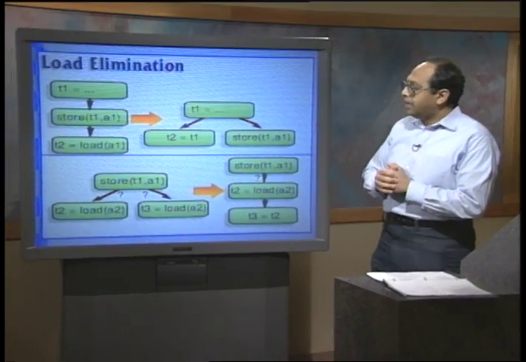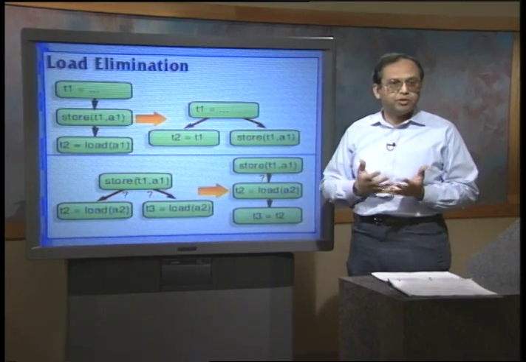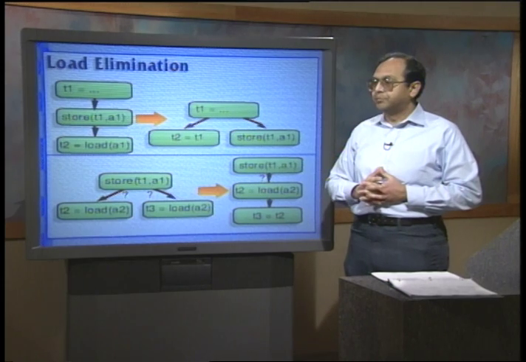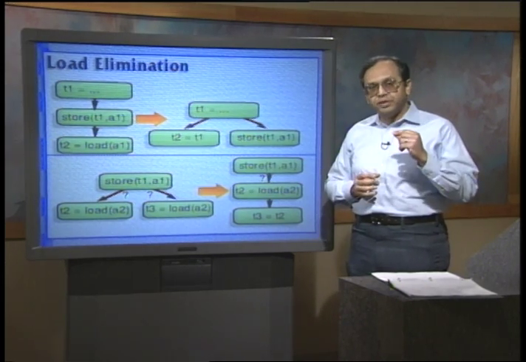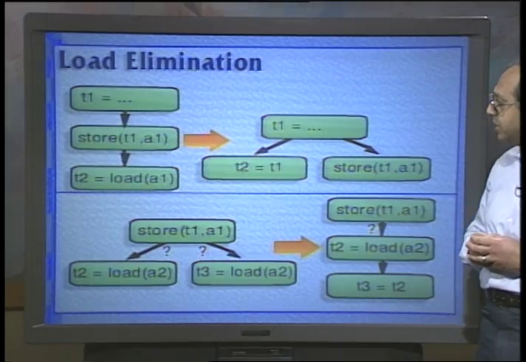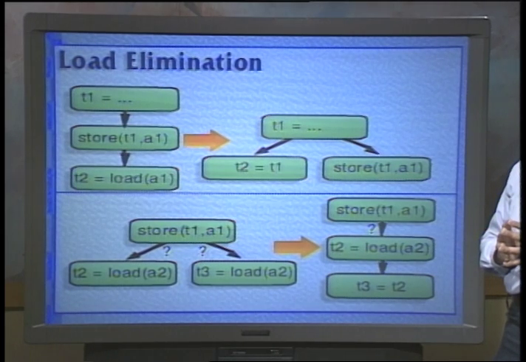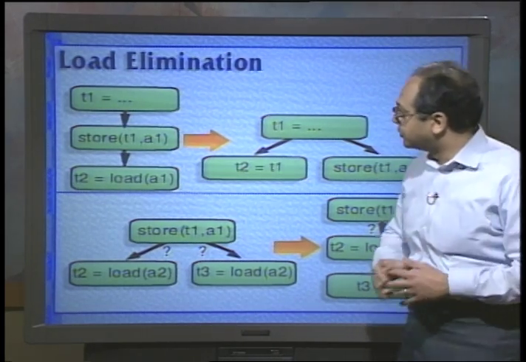Now, in the previous case, we were able to prove that a load and a store or two stores were independent of one another. And that gave us more parallelism. Suppose we prove that two of these operations are in fact to the same location, then there's another benefit that derives very often, which is that we can eliminate some loads or stores.